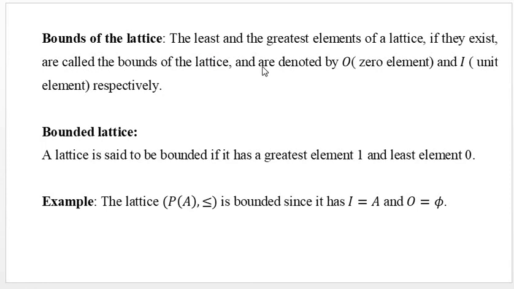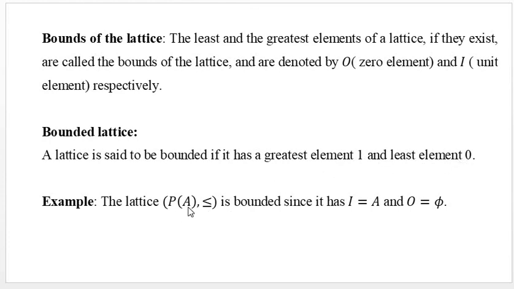The least and the greatest elements of a lattice, if they exist, are called bounds of the lattice and are denoted by a zero element and a unit element respectively. We can call these 0 and 1. And a lattice is said to be bounded if it has a greatest element 1 and a least element 0.